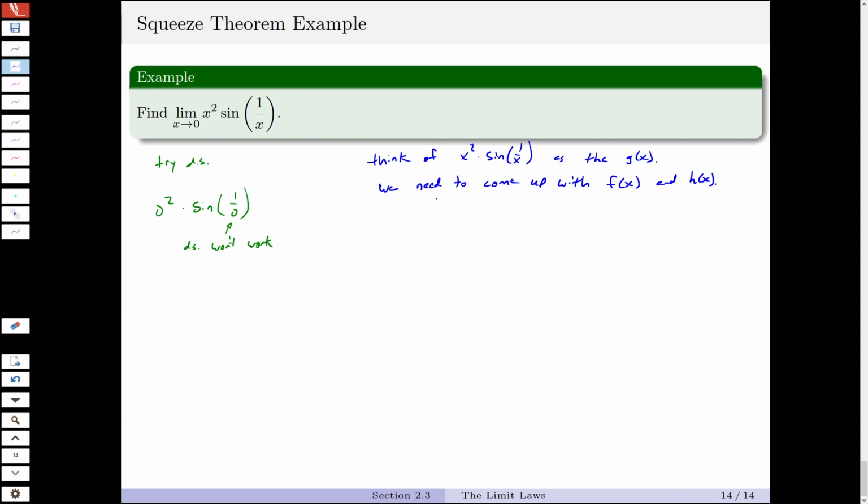So here's how we go about this. I'm going to start with saying sine of 1 over x, sine of any number that you can think of, is always going to be between 1 and negative 1. So what I can do is leverage that. I now have at least the bad part of what I'm working with squeezed in between two things. So let's multiply through by x squared.